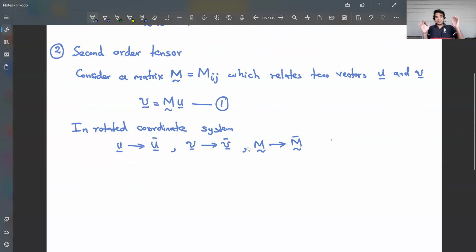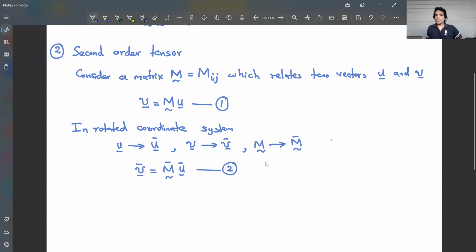Now, if I use the transformation rule for the vector in my rotated coordinate system, I can write V bar is M bar into U bar. So this is our equation number 2.